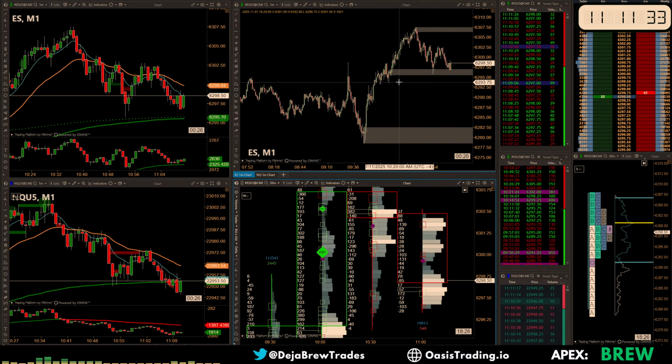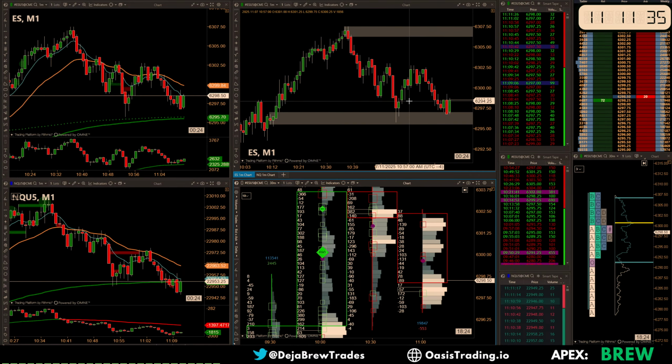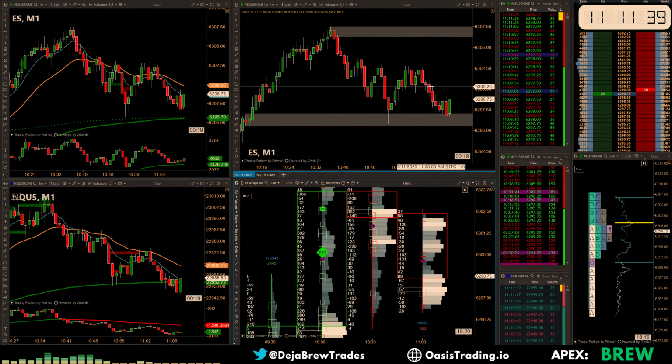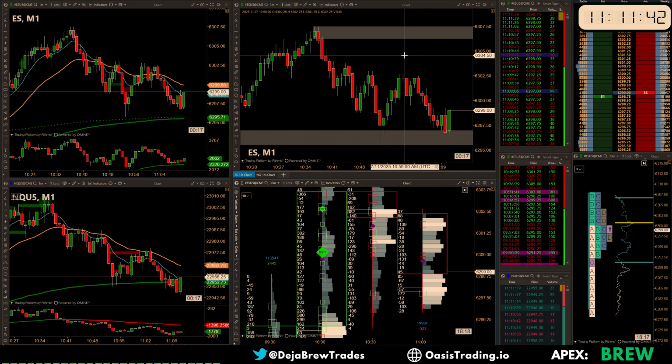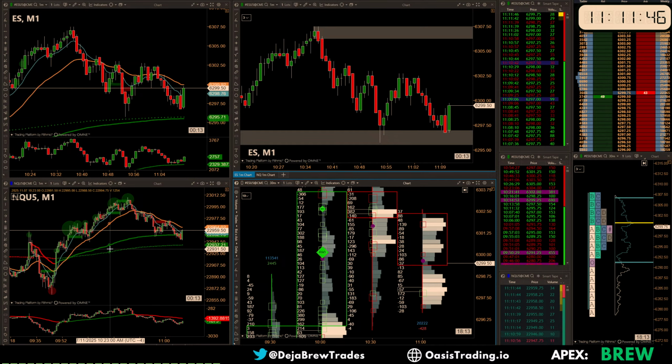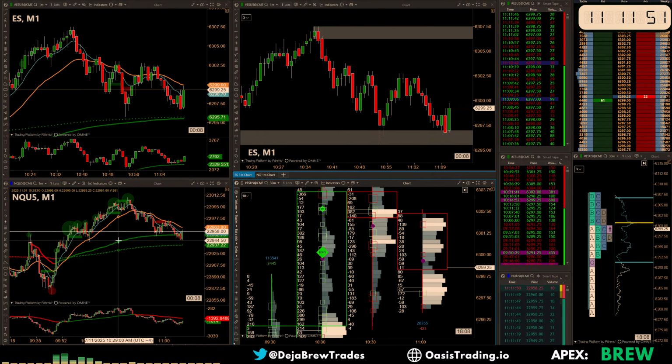That's the higher time frames taking over. So invalidation completely would be like 93 to 92. Same level on NASDAQ would be 940 to 930, is your complete invalidation.